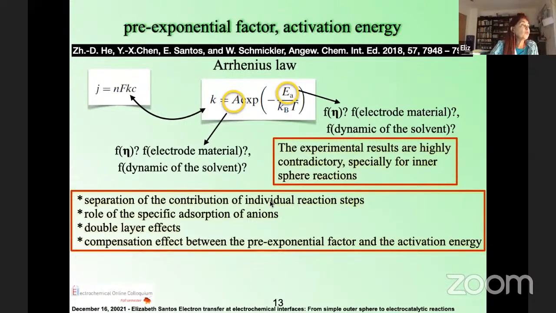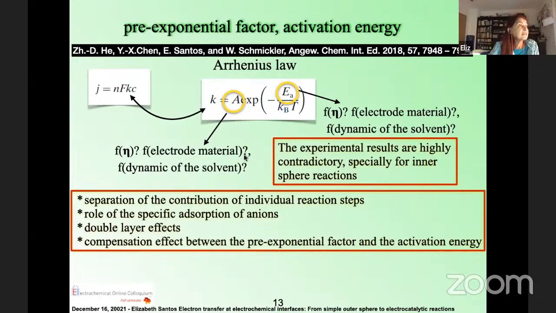It is so complicated because, to have these two properties, we have to separate the contributions of the different individual steps. We must be sure that we are determining the right step.